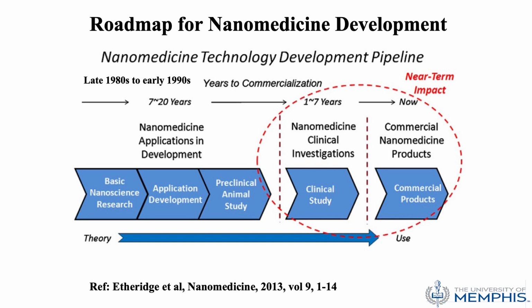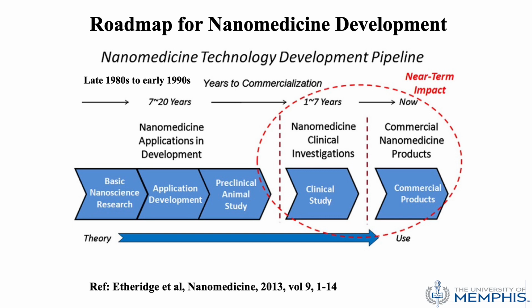Later, you have preclinical animal studies. Once you have good results from preclinical animal study, you can move on to the clinical study, which takes at least 1 to 7 years, and then you have a commercial product.